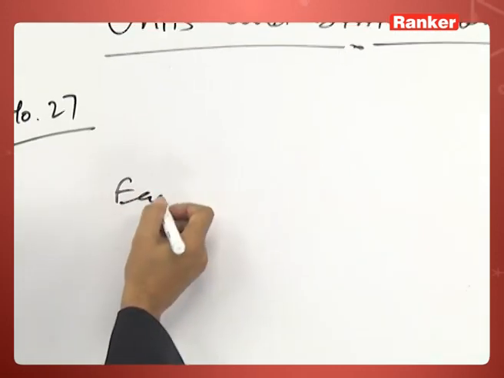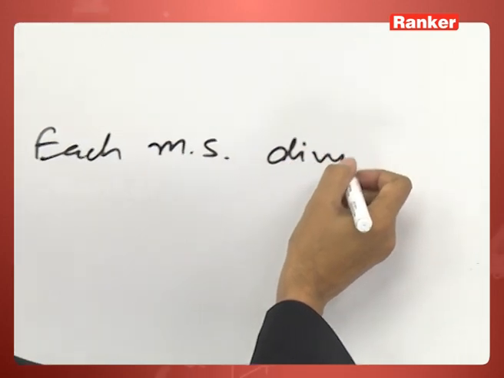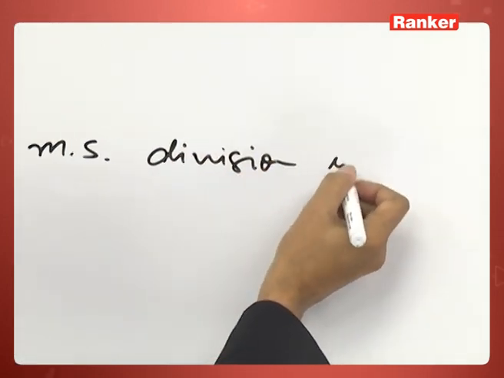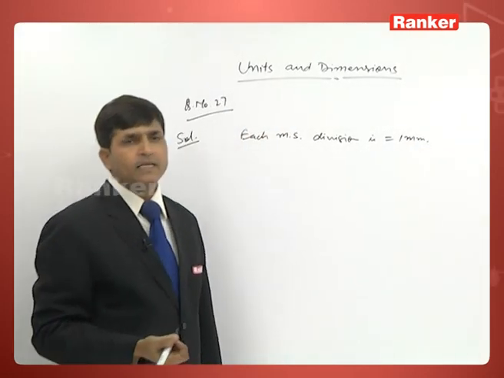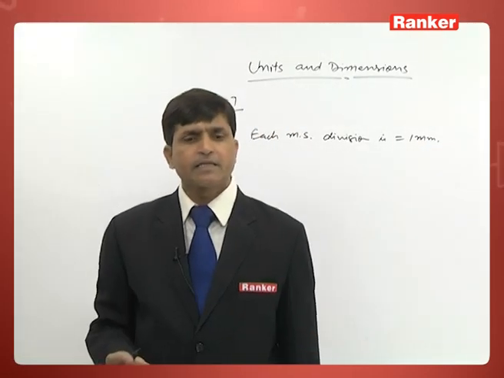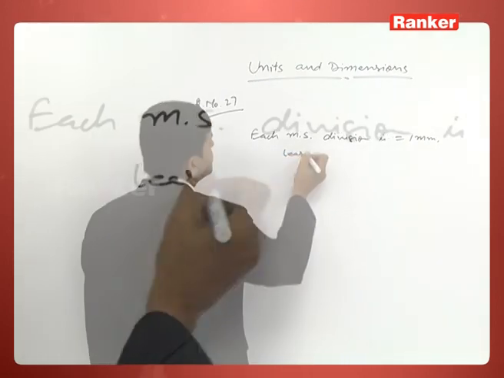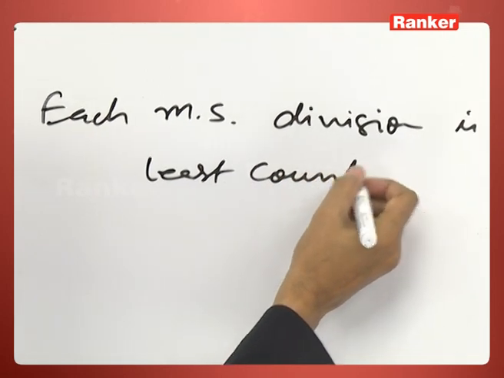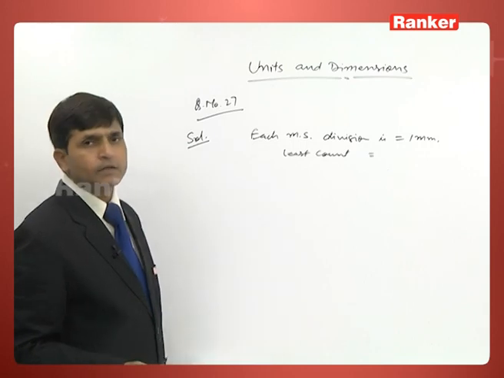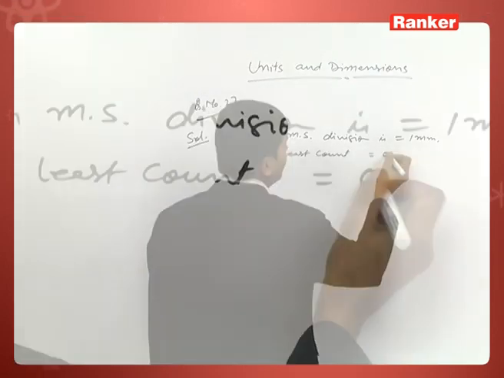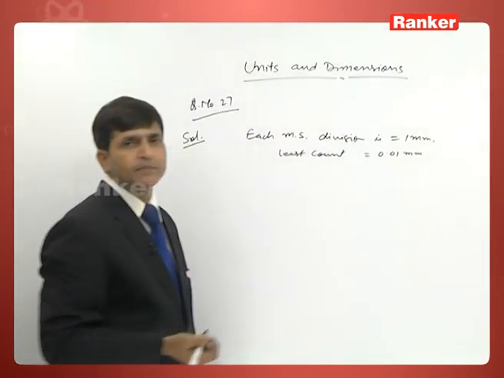So, each main scale division is equal to 1 millimeter, and the least count, the vernier constant, is given as 0.01 millimeter.